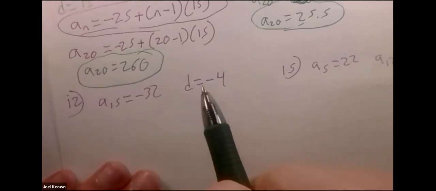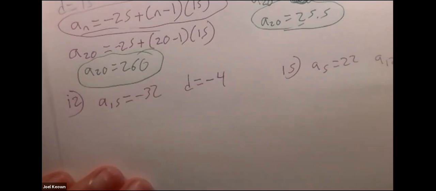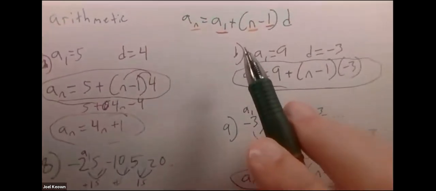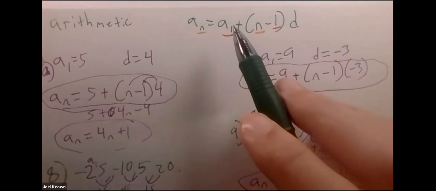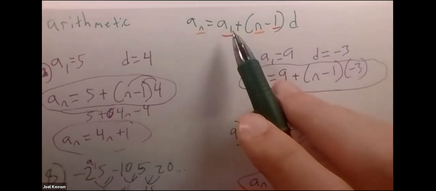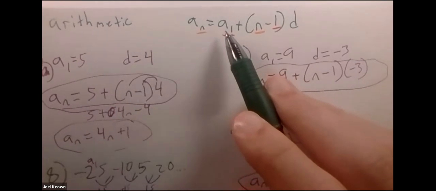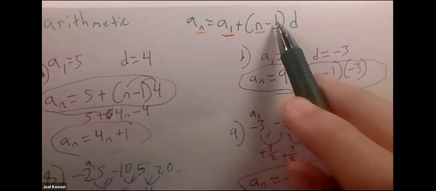For this one, they give me the common difference, which is good. That takes away a lot of the work I have to do for number 15, so that I don't have to do here. I'm just going to plug into my formula. Now, you might be looking at this like, well, we keep plugging into a formula because we don't have a sub 1. But remember, it doesn't matter what a sub 1 is, because I can use any term I want to here. I can use, in this case, a sub 15, just so long as that number matches.